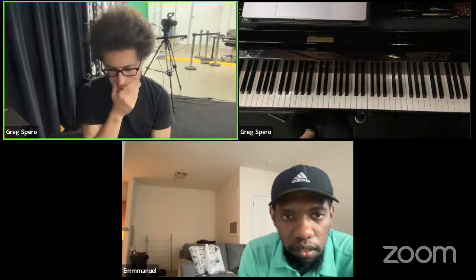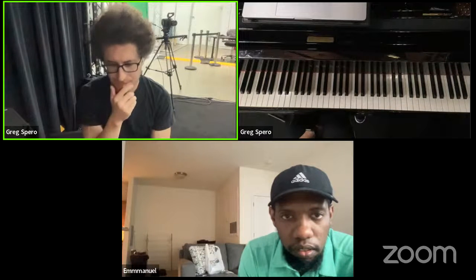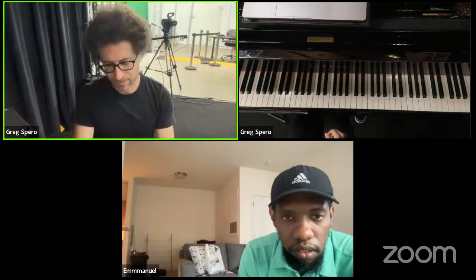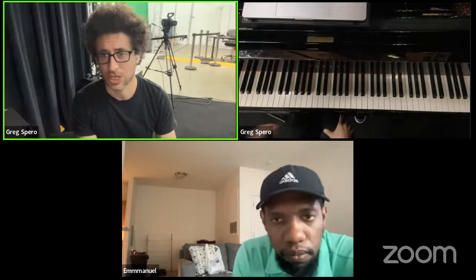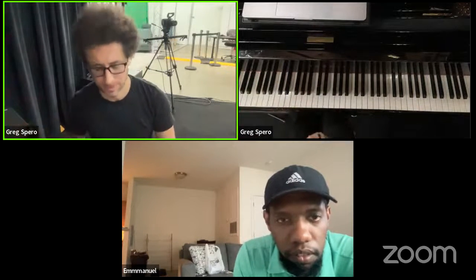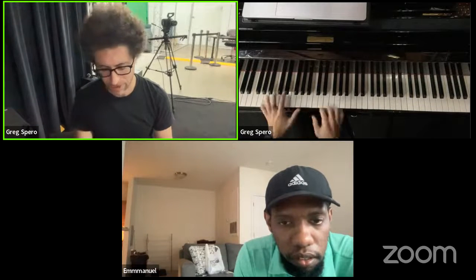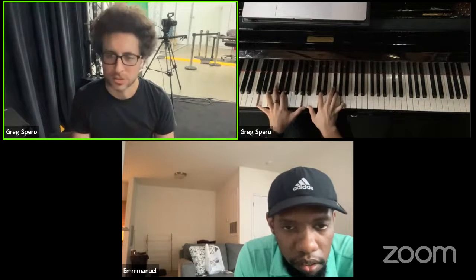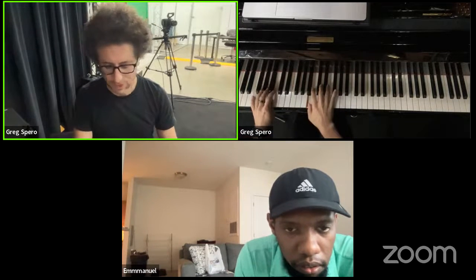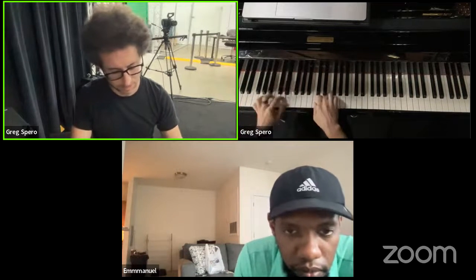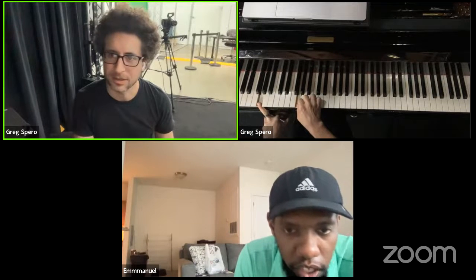Firstly, let's talk about common notes. So we're in B flat and we want to go to G. Let's just use the Giant Steps equation, right? So the B is one key and G is the other, right?